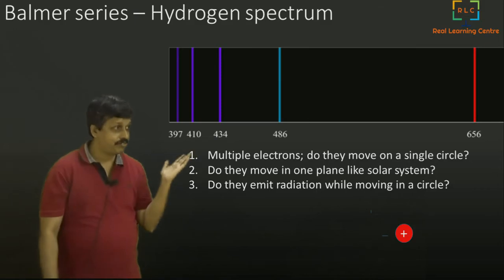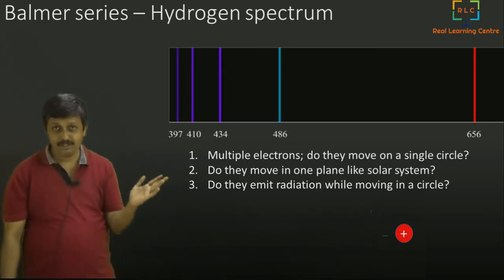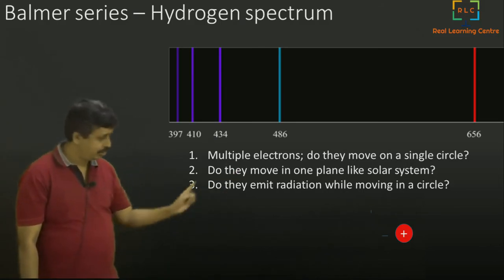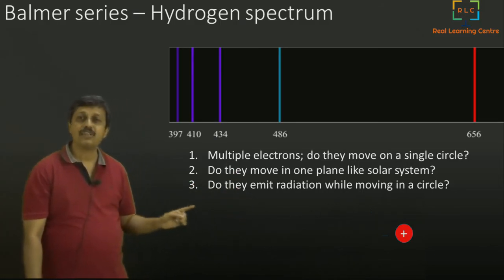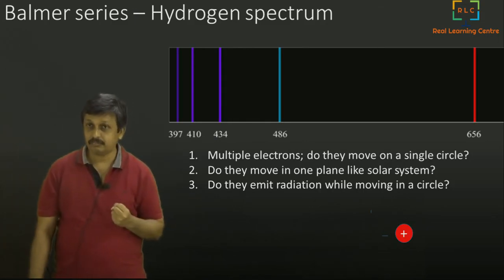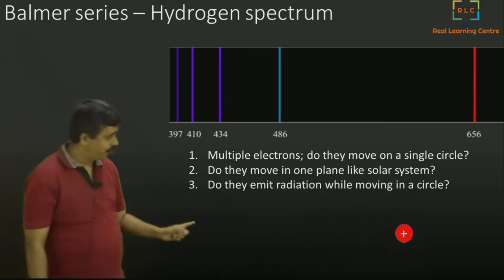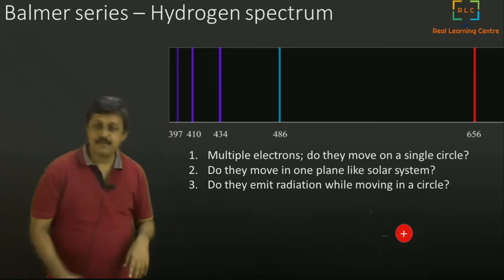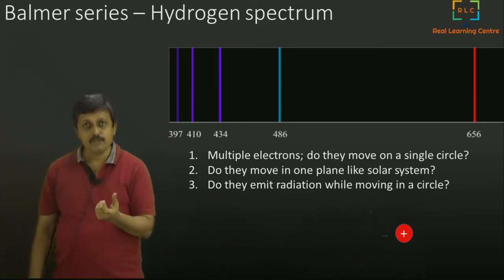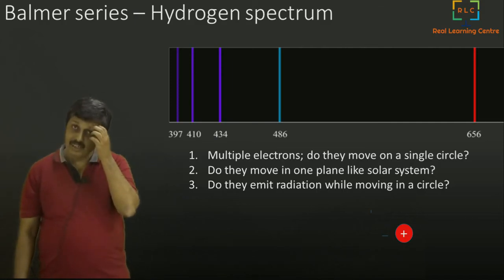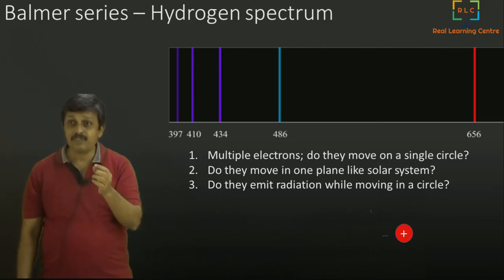Because it is emitting radiation, it is losing energy, and if it is losing energy it is becoming nearer to the nucleus and finally gets into the nucleus. And another thing happens. If its radius is reducing, a smaller radius has to give rise to smaller wavelength radiation.